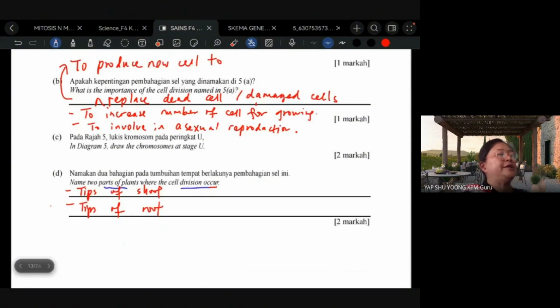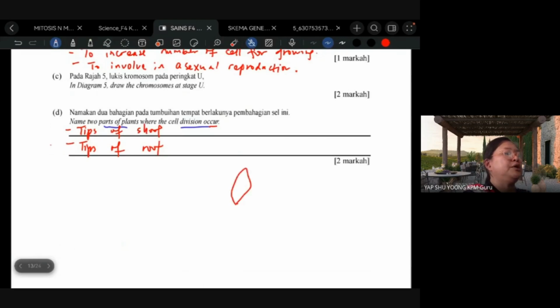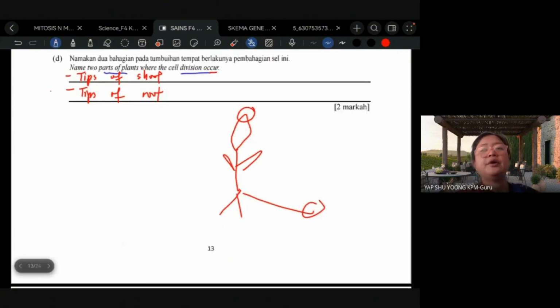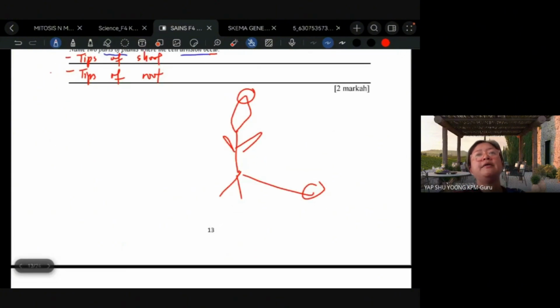Tip of the shoot and tip of the root. Hujung pucuk dan hujung akar. Okay, this is for your mitosis and meiosis.